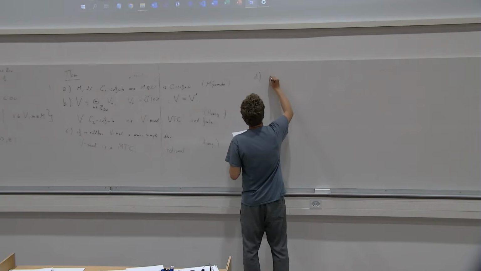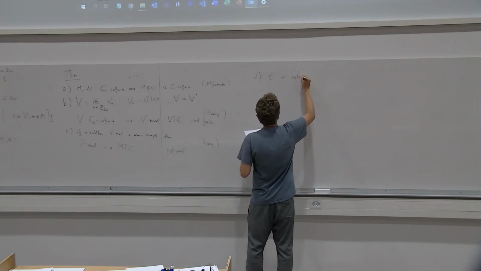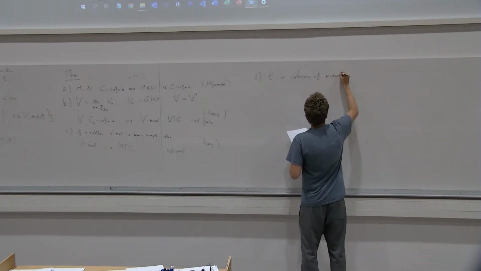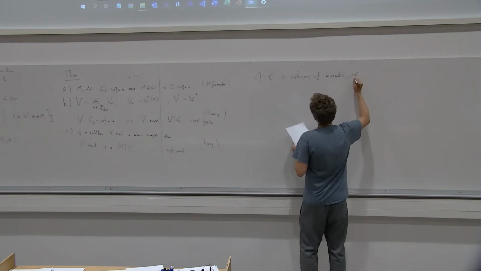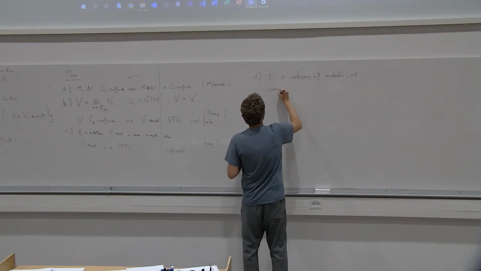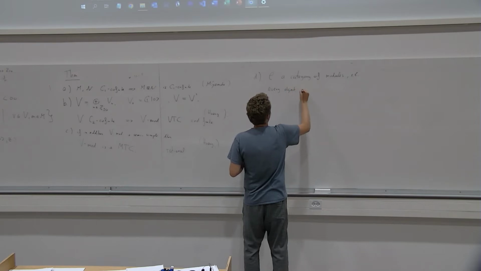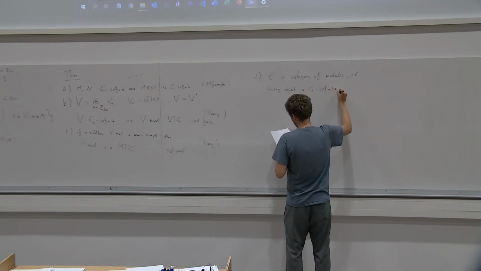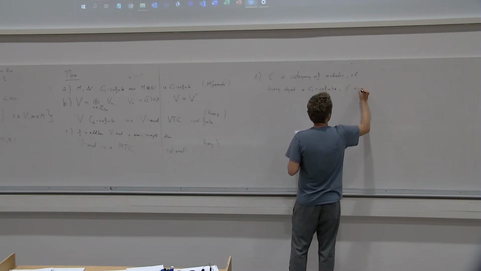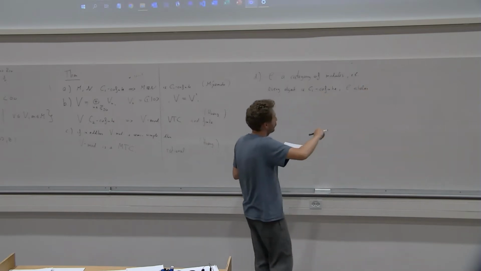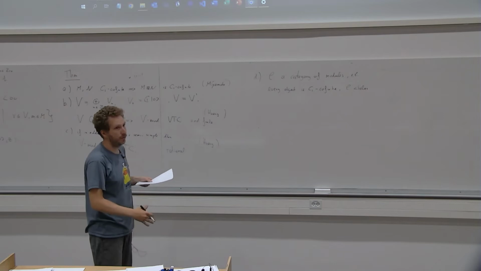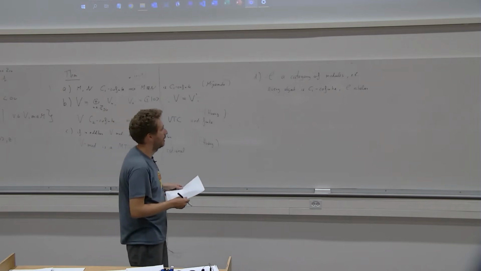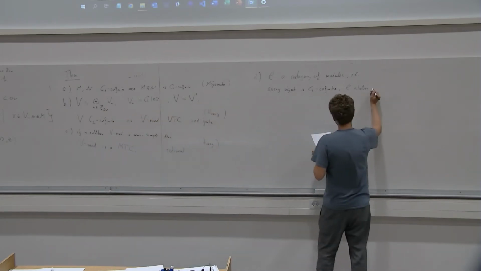If we have a category of V modules, it doesn't need to be the full category of all modules, such that every object in this category is C1 cofinite, and this category is abelian. The quotient of a C1 cofinite module is always C1 cofinite, but a submodule of a C1 cofinite module need not be C1 cofinite. That's why you have to put this here as an extra condition.